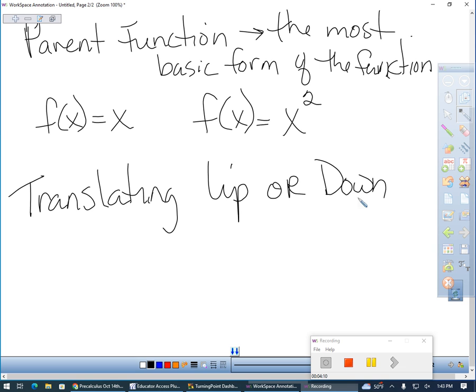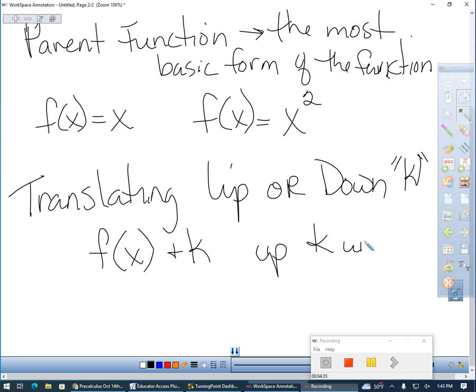In functions, the letter we use to represent this is a lowercase k, all right? In our function, whatever the function is, I'm just going to call my parent function f of x. If it is moving up, then it's going to have a plus k on the very end of your function. This says we go up k units.